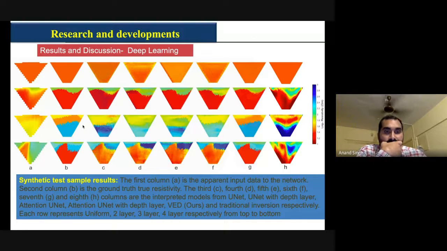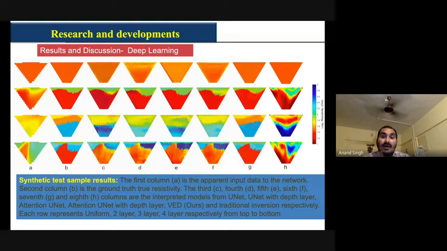So again, though we have trained with, I think, 20,000 data points, 20,000 images, still the unit is not providing that image. But if you compare your attention unit network, you will notice that these images are still not providing that quality.